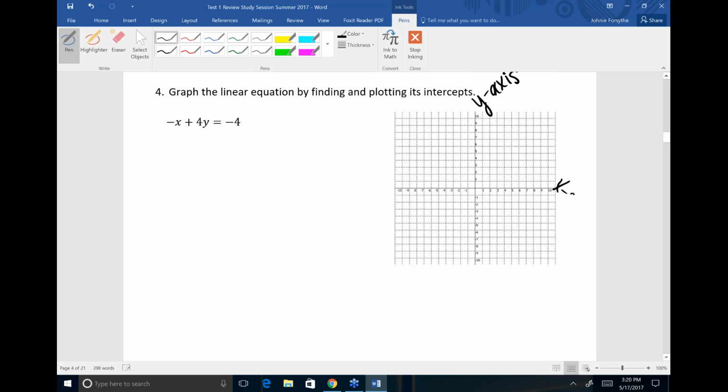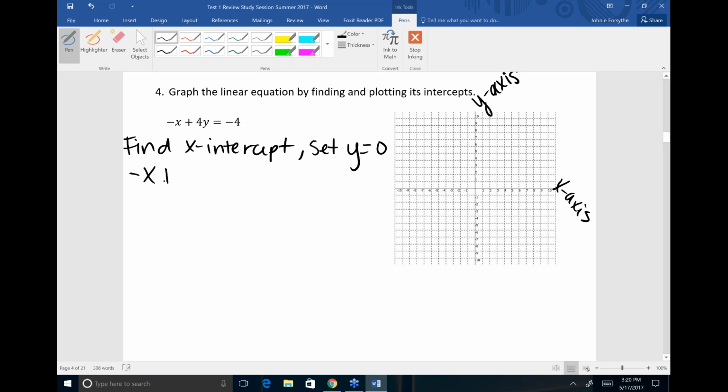Let's start with the x-axis. To find the x-intercept, you want to set y equal to 0. So you're going to make the opposite variable 0. To get the x-intercept, you make y equals 0, and then solve for x.